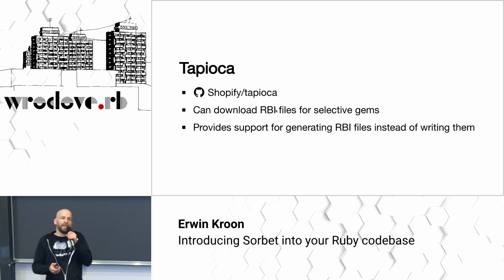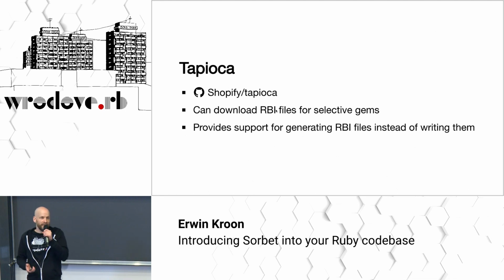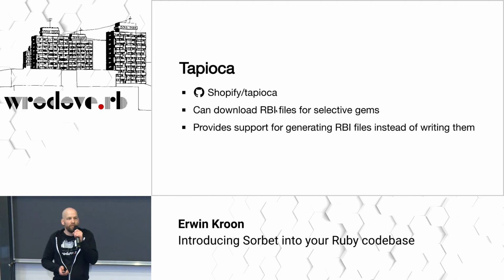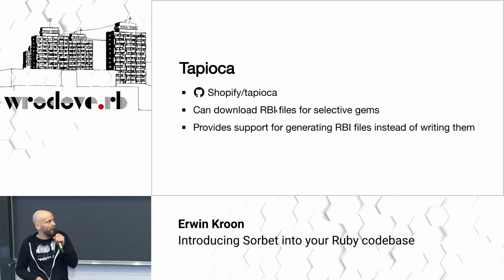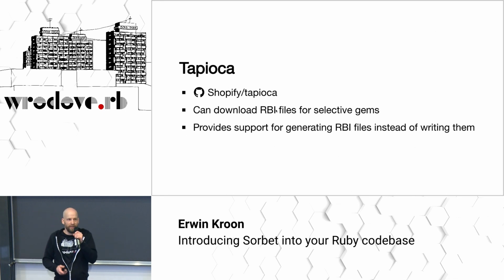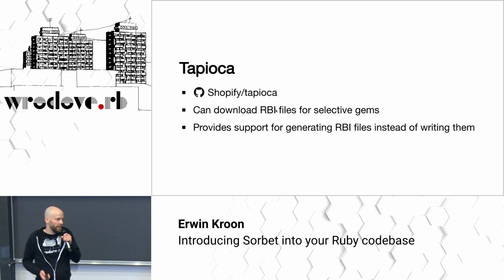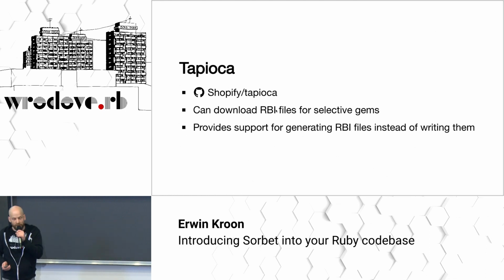It can download already pre-generated RBIs for a certain selection of gems, and it can also generate RBI files. This is super useful if you have Active Record models and Active Support, all the metaprogramming stuff. You can generate your RBI files instead of writing them by hand.